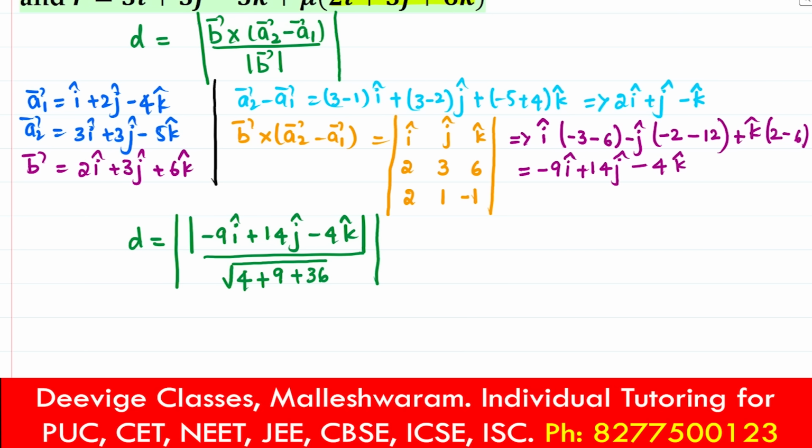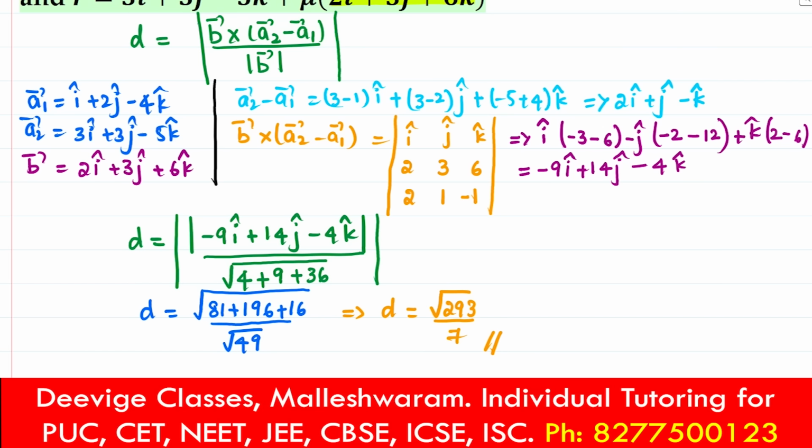Okay, which is equal to D equals the magnitude of this one, which will be root of 9 square 81, 14 square 196, plus minus 4 square 16, divided by square root of 49. So D will be square root of 293 divided by root 49, which is 7, is the distance between the pair of lines.